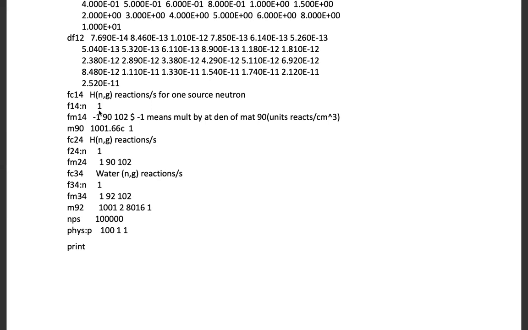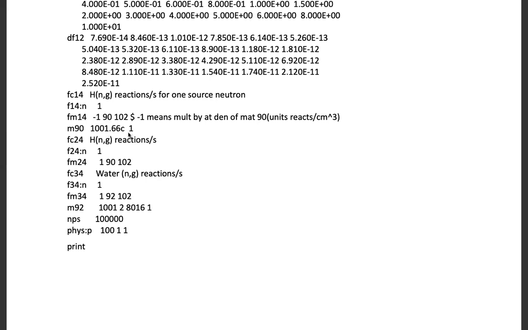We can also have the multiplication factor inside over here. We can multiply in FM14, but I'm not doing that over here. So what I'm doing is I'm giving it a -1, which means that from the problem specified, get the atomic density of hydrogen. And for material number 90, which I have defined separately over here, because this is 100% hydrogen.